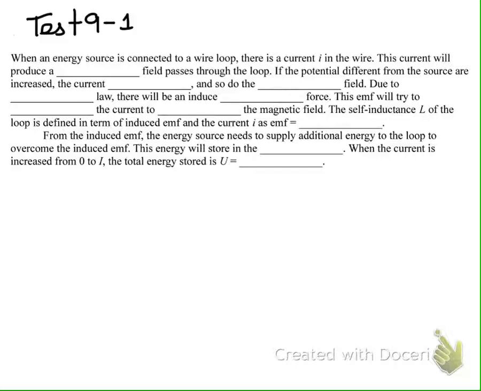This current will produce a field. It means that it produces a kind of field. When we study, only two kinds of field.